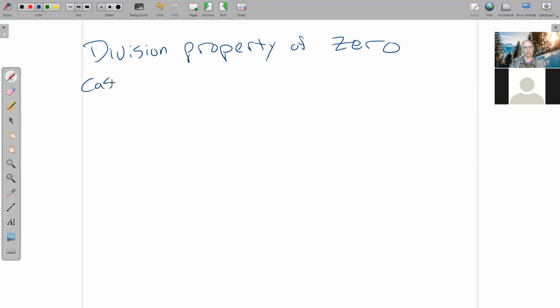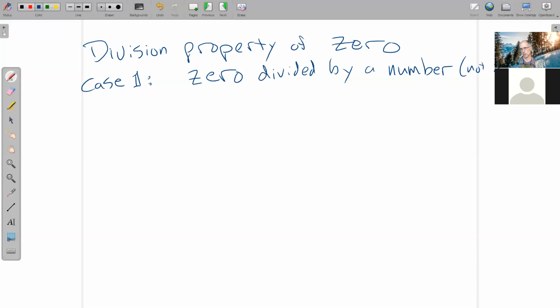Case 1 is 0 divided by a number that's not 0. So let's just take a slightly easier version. Let's do 0 divided by 2.